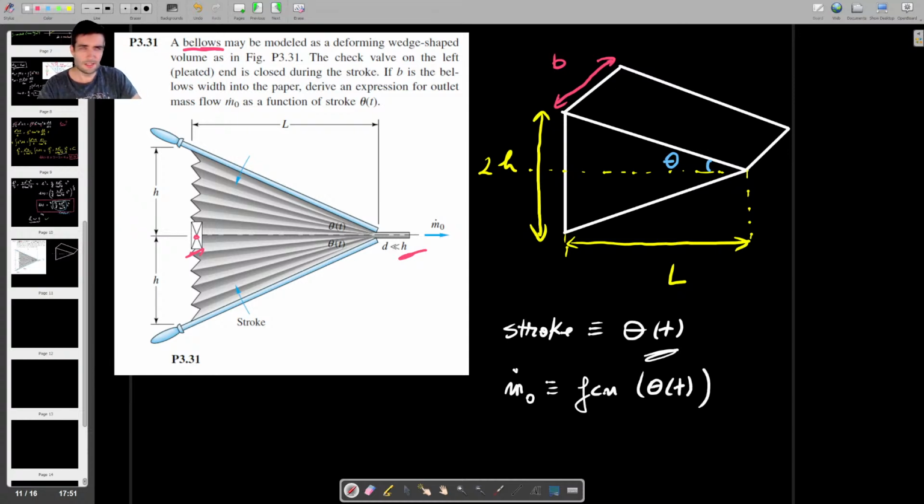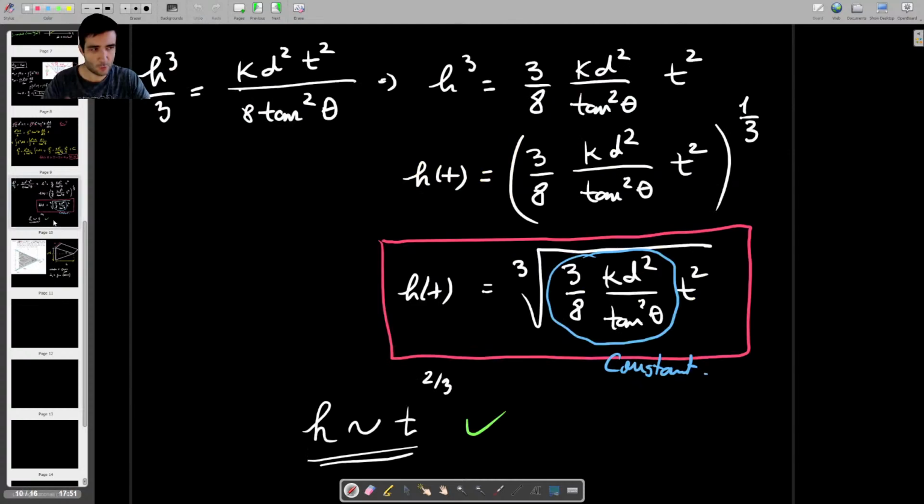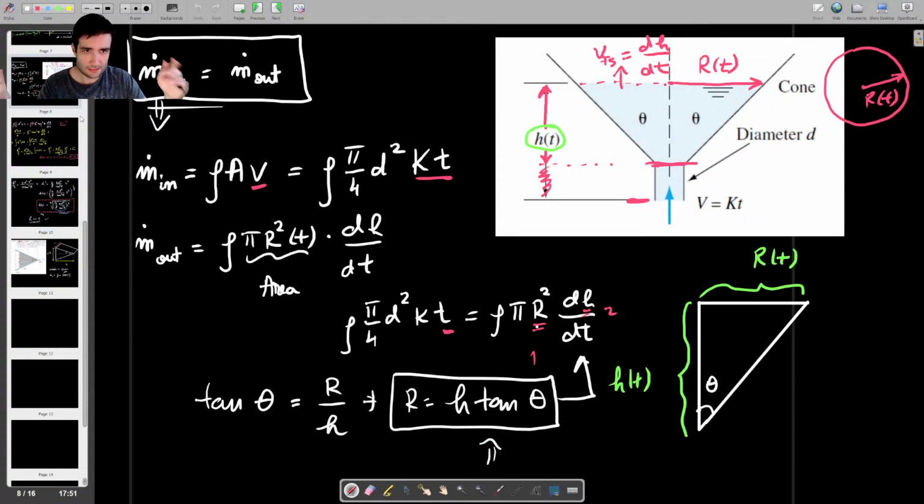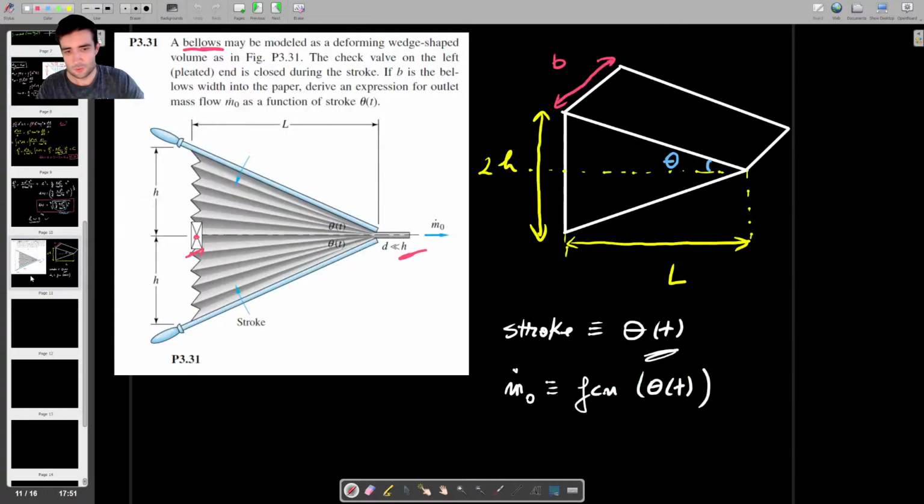In a sense, it's similar to the previous question, because in the previous question we also wanted to figure out a relationship between, well, in this case it was the height and time. In this case we want to find the relationship between the mass flow rate and this angle here, theta.